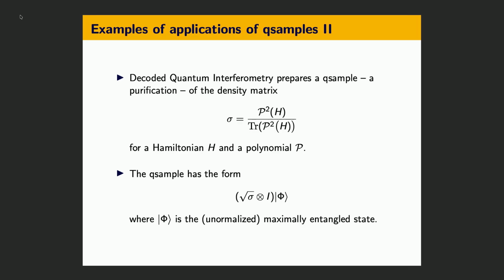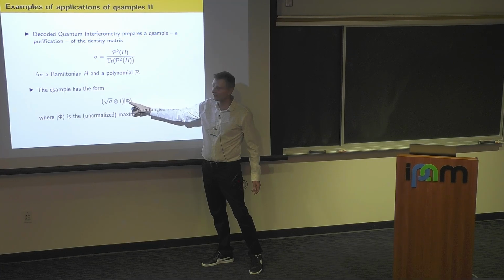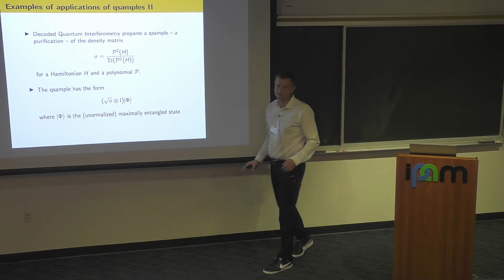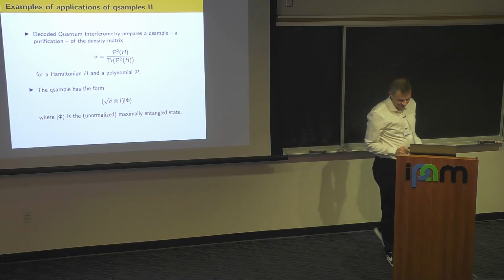And here, this is a maximally entangled state, unnormalized, and this is something that I think a lot of people call the quantum double.